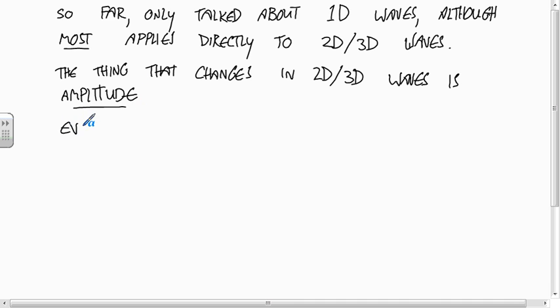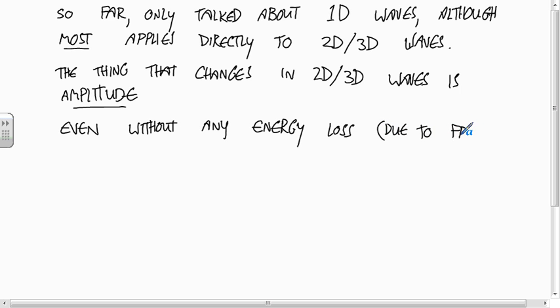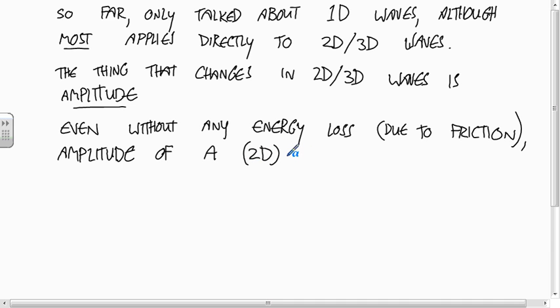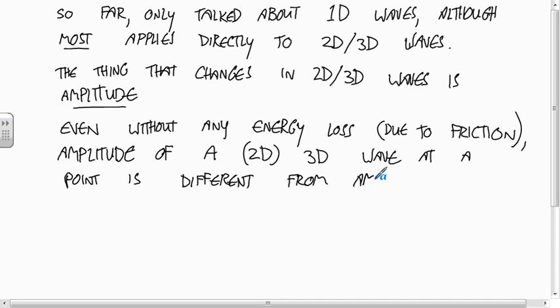So even without any energy loss, and that energy loss would come about due to friction, the amplitude of a 2D, also, although 3D is really what we're going to talk about here, the amplitude of a 2D or 3D wave at a point is different from the amplitude of the oscillator.